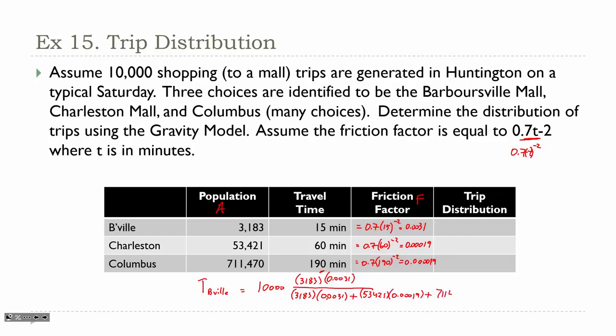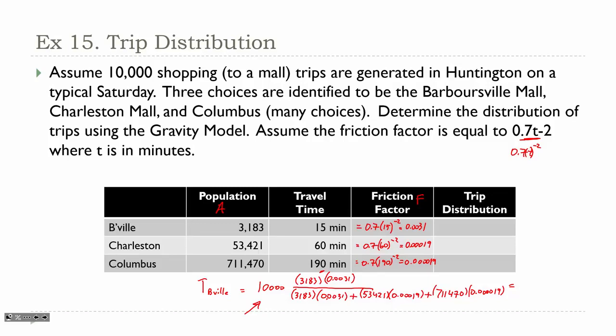The denominator for all three of these calculations would be the same. So it's just the numerator that you would swap out when you calculate the T for Charleston and the T for Columbus. But this equation here is the actual gravity calculation equation from the previous slide.